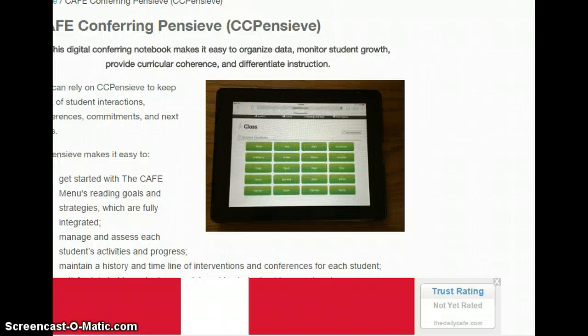Every child is assigned a different reading strategy that they are to work on depending on where they are. Some of the strategies are check for understanding, flip the sound, get your mouth ready, and read good fit books.